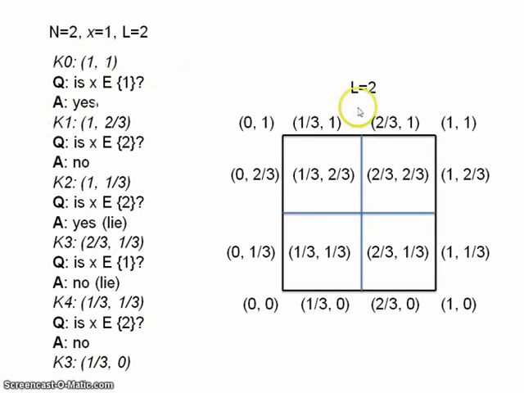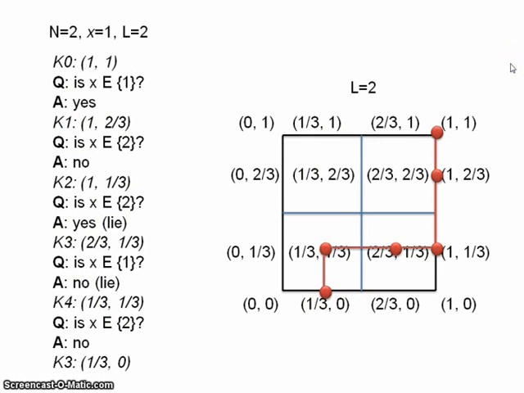Right, well, as you can see, we begin as always at 1, 1, and then we move down to 1 and 2/3. We move down again to 1 and 1/3, and we move across to 2/3, 1/3, across to 1/3, 1/3, and then finally down to the solution state at 1/3, 0. And that's a very clear representation of that game.